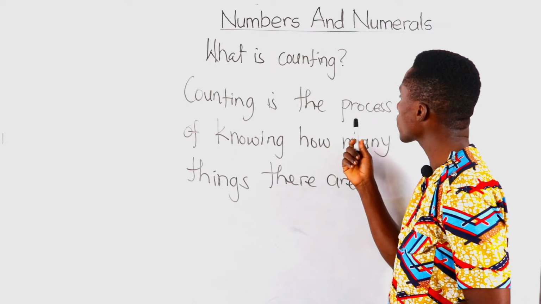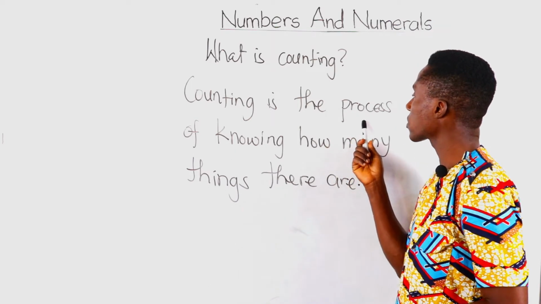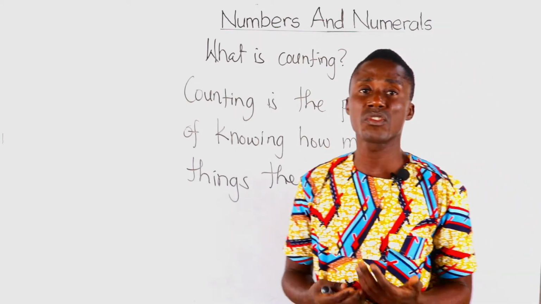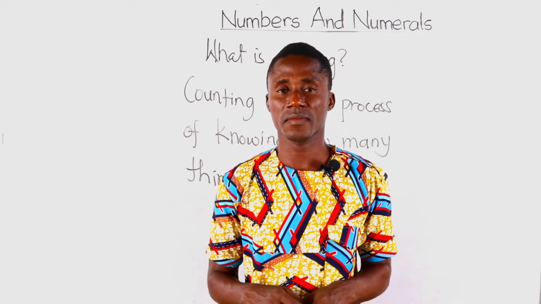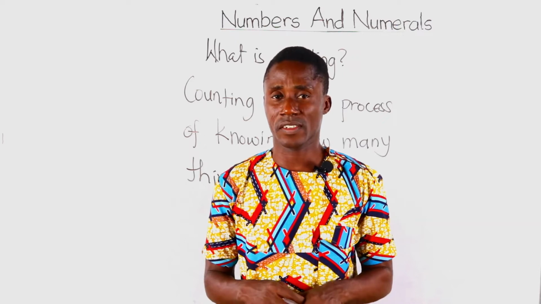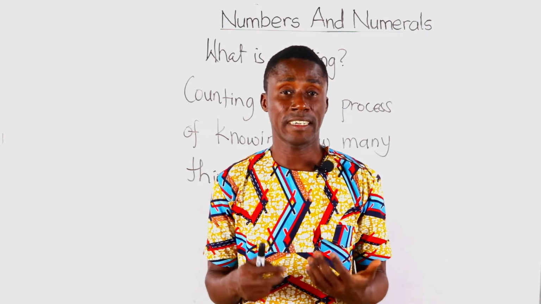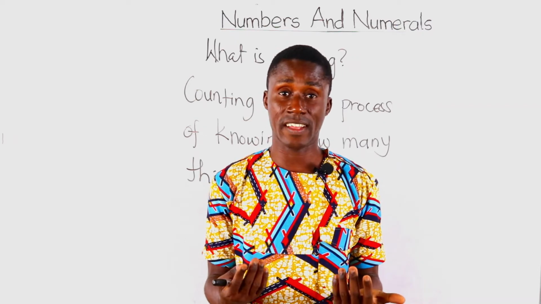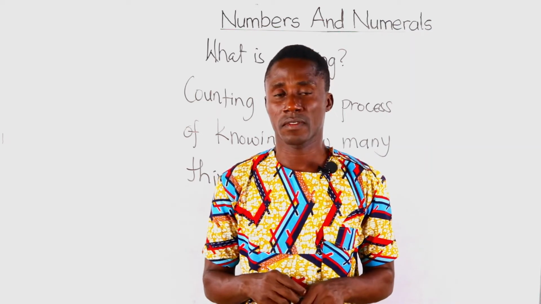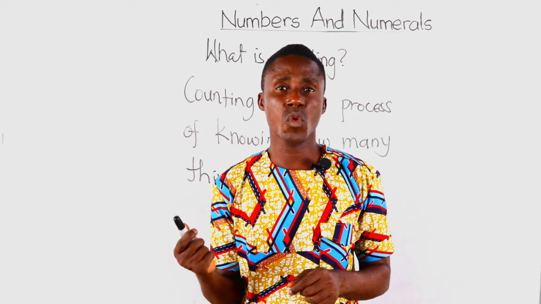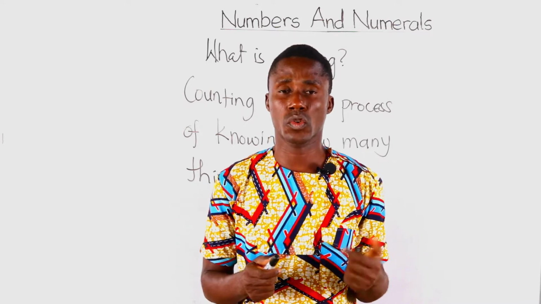So I want to explain the word process so that those of you who do not understand it will now understand it. So what is a process? A process is how something is done. Now, let's look at an example. You move from your house to your school.